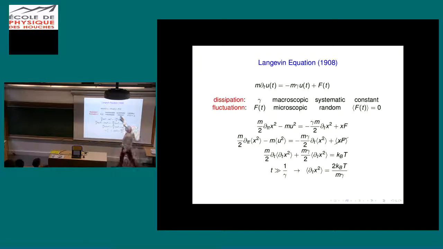So the Langevin equation is just, if you take the acceleration of the Brownian particle, it's subject to two forces, the Stokes force here, and the kicking by these small molecules. And then, what I did here is, if you say that u is just dx/dt, I introduced x here.